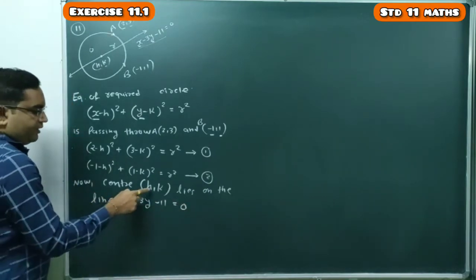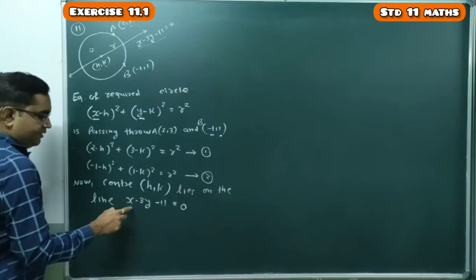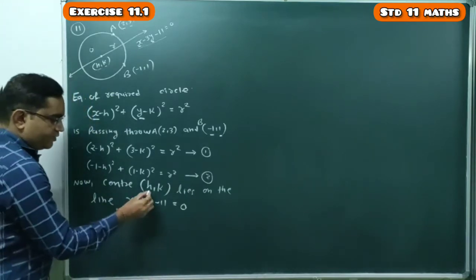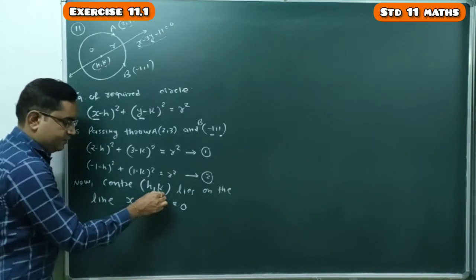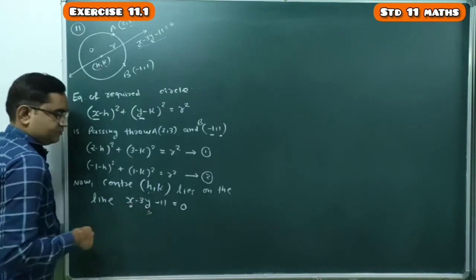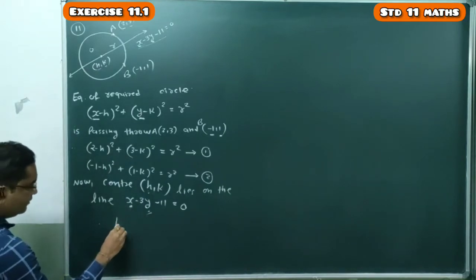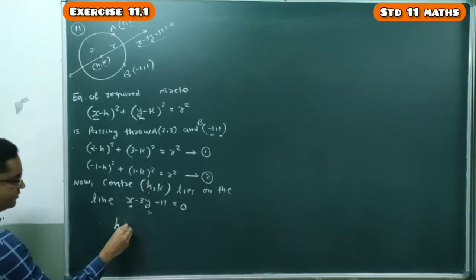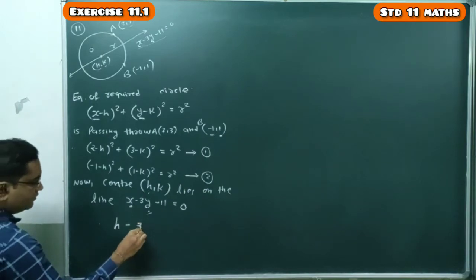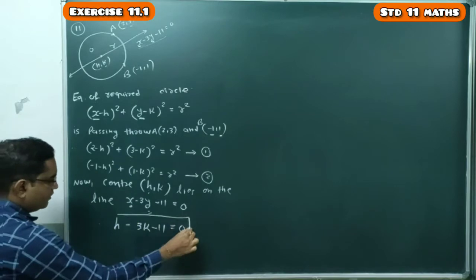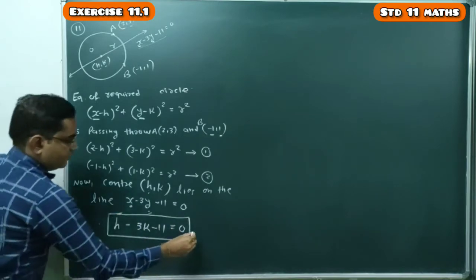The center of the circle h comma k lies on this line, and hence these coordinates h and k will satisfy our equation. So we are getting one more equation: replacing x with h and y with k, it's h minus 3k minus 11 equal to 0. Call this equation number 3.